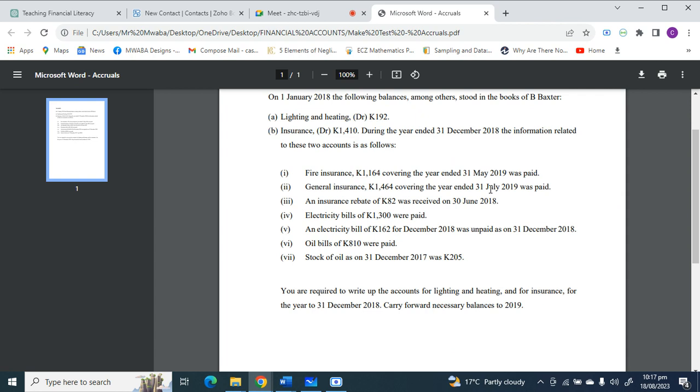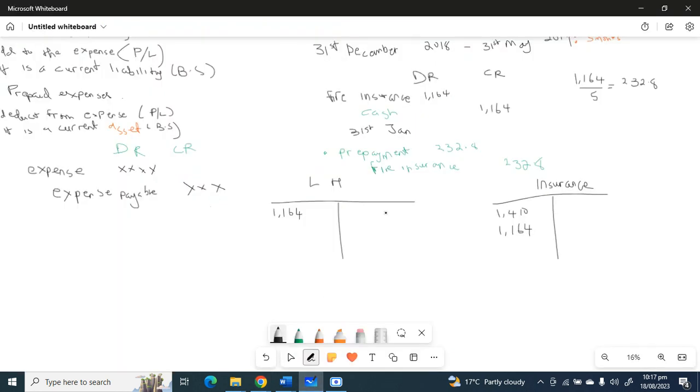So first thing you do, 31st December 2018, you record the payment using the expense method.